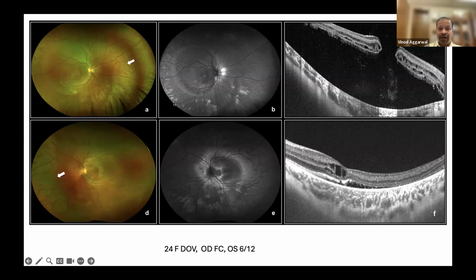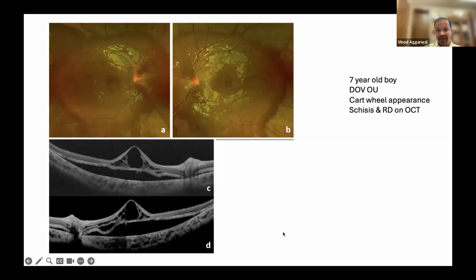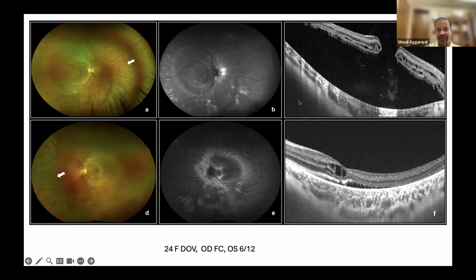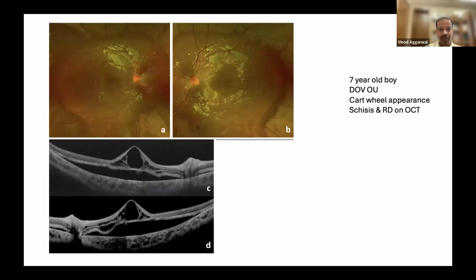So this scenario in the left eye is very typical of autosomal recessive Best patients. And when we got the investigation done, this patient came positive for AR Best, and macular hole RD was, of course, an atypical presentation in this particular patient.